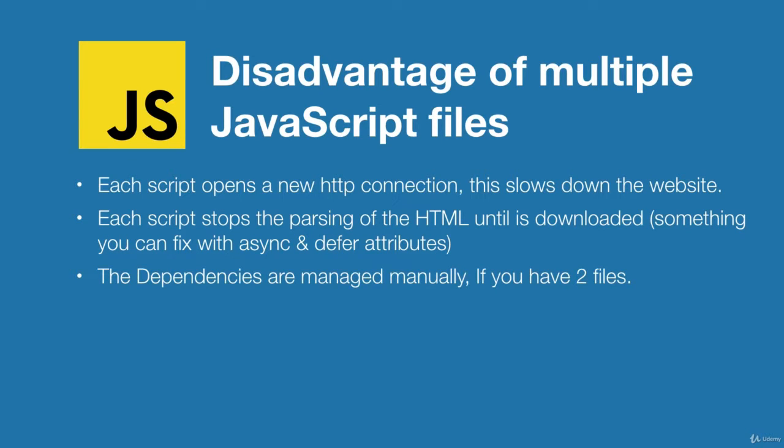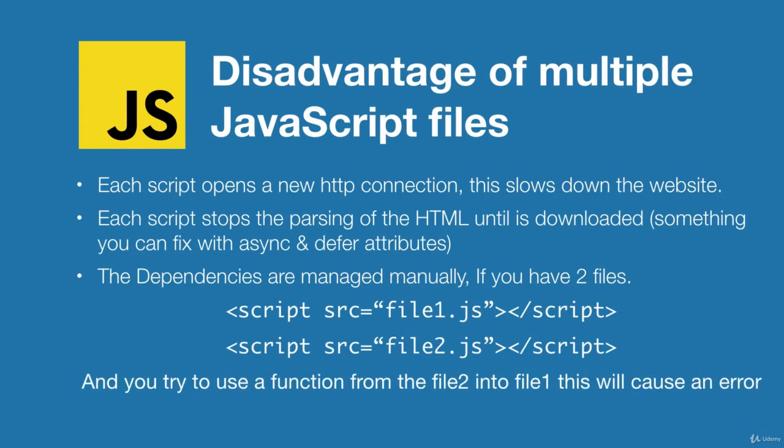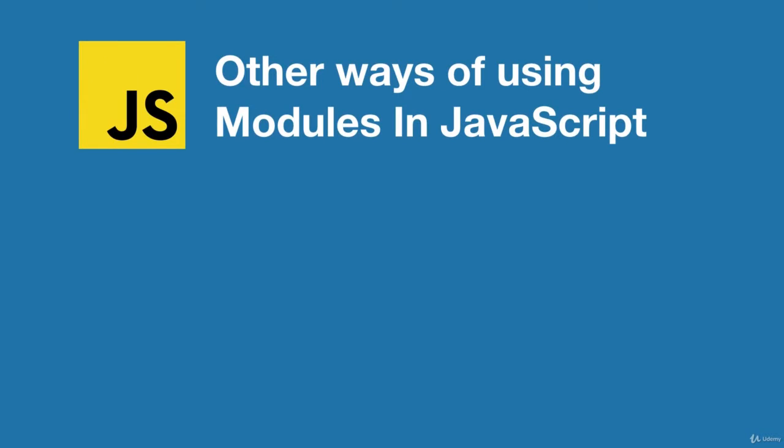And the most important is that the dependencies are managed manually. So let's say that you have two files, file 1 and file 2. If you try to use a function from file 2 in file 1, this is going to cause an error.